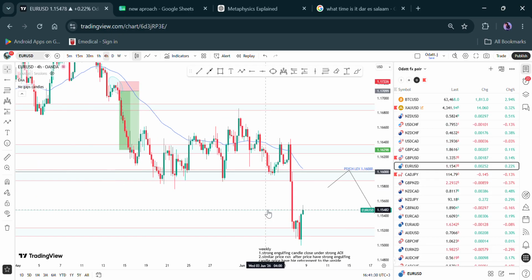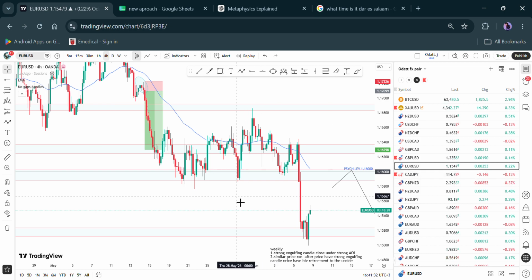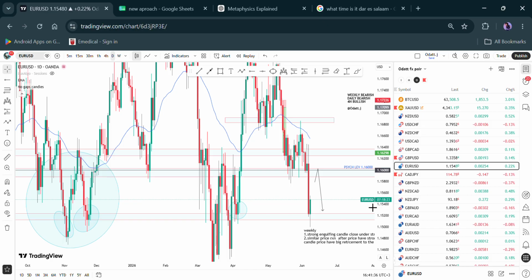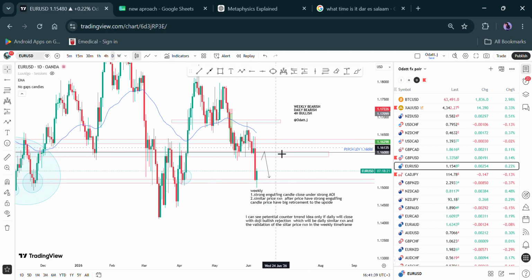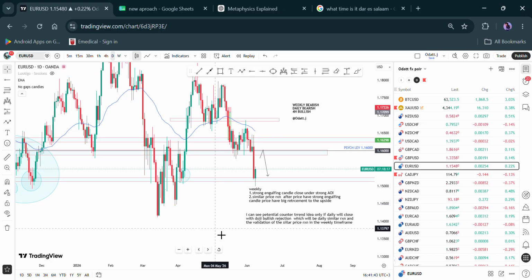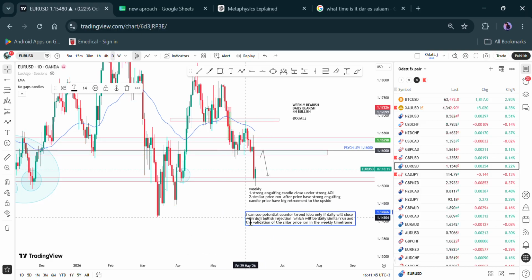Yes, EUR GBP and CAD JPY, I'm not so much interested, but I'm looking to continue selling to the downside whenever price comes. But there's information over here. I can see a potential counter trend trade idea only if daily closes with a doji bullish rejection candle. Why?